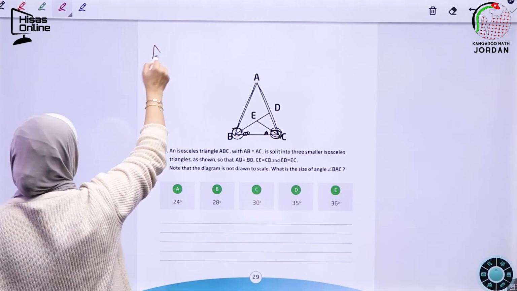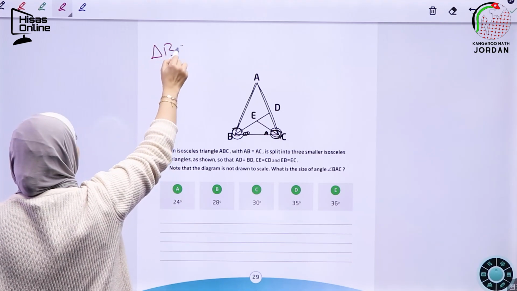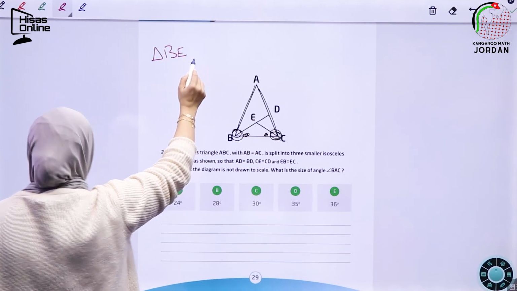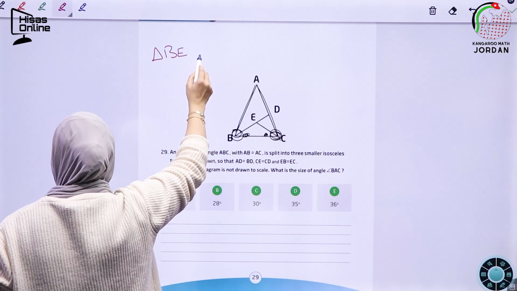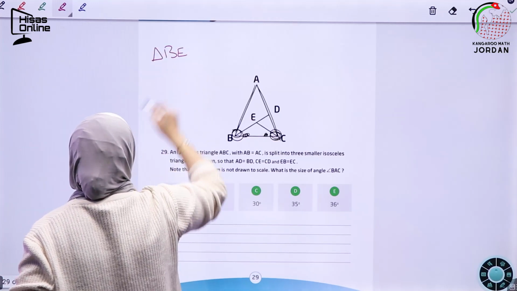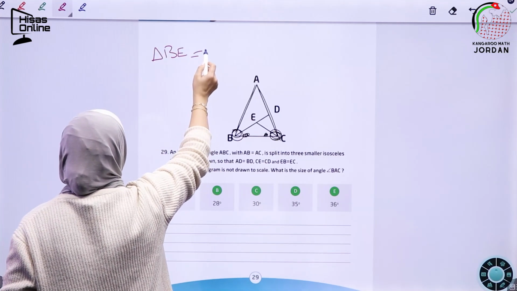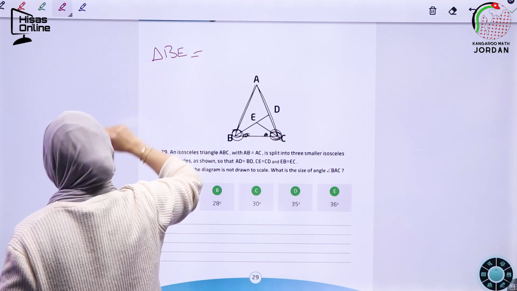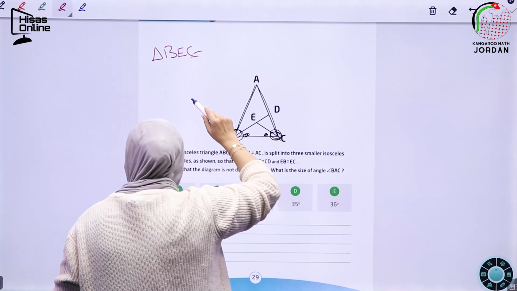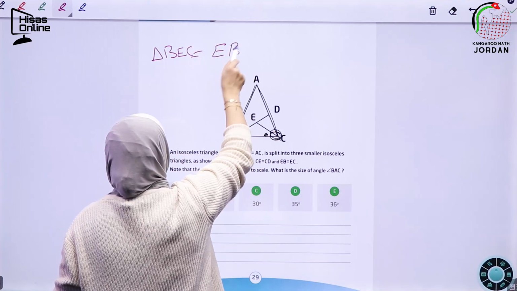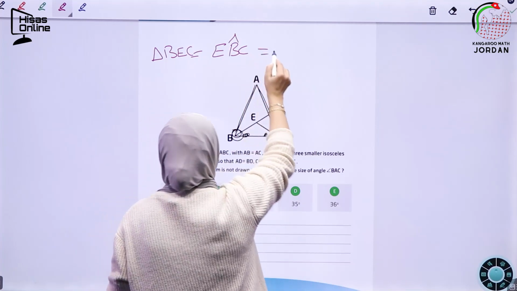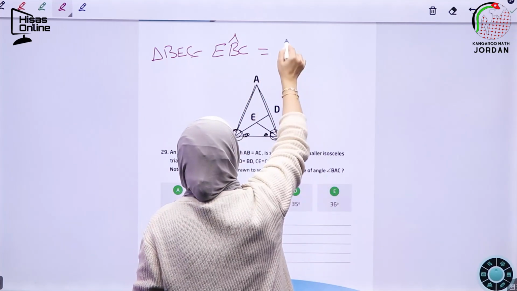So in the triangle BEC, the angle EBC, this angle in the middle, is equal to ECB.